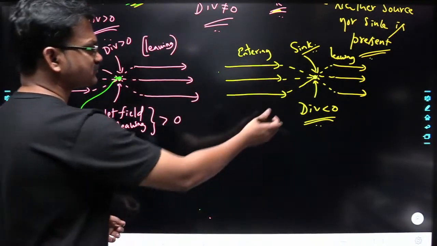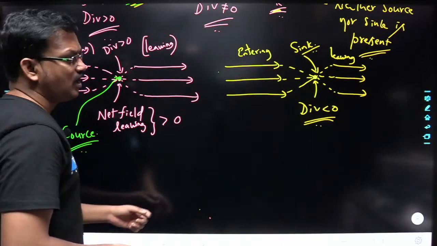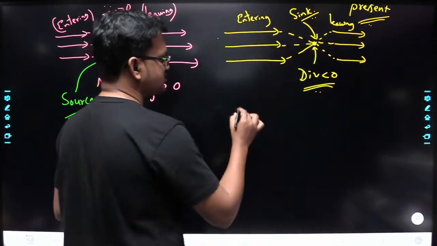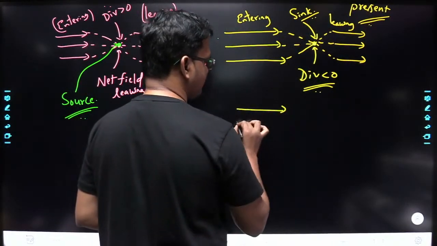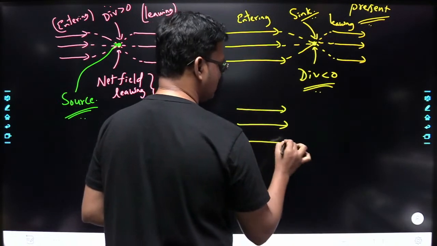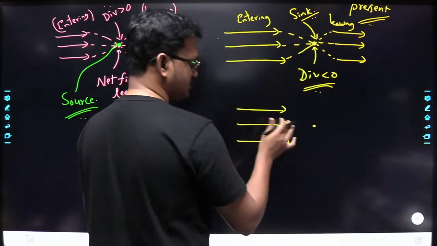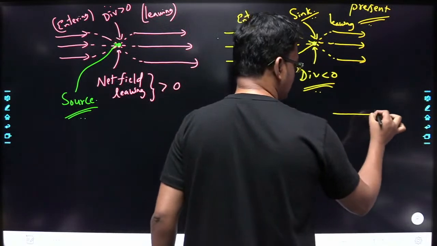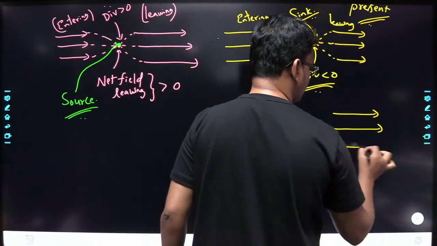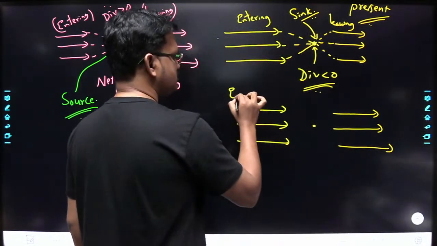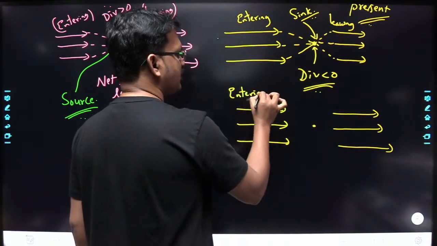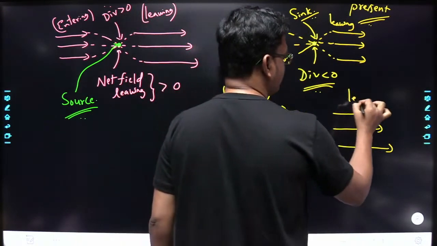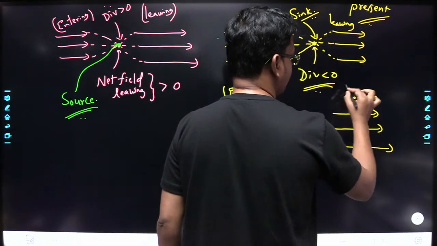Right. So divergence less than 0. Now if you consider the field that is entering, and let us say this is the field that is leaving here. So here this is the field that is entering and here this is the field that is leaving, right?